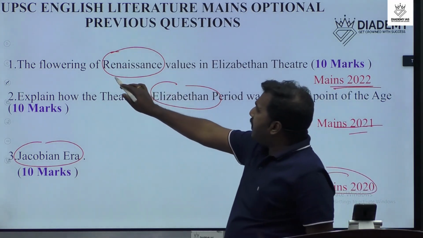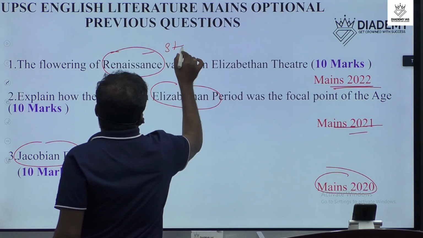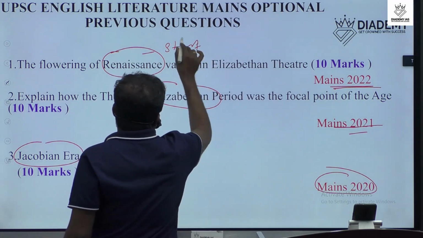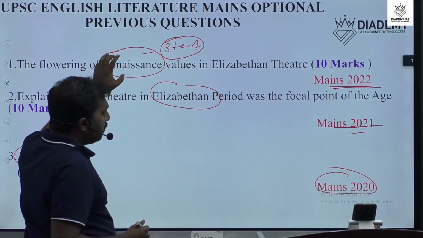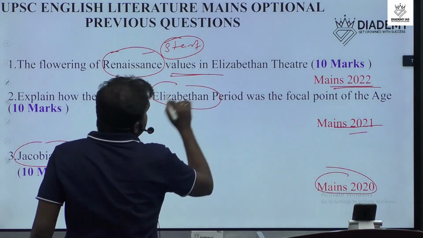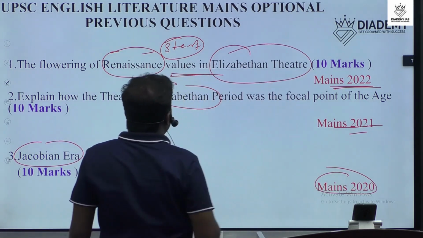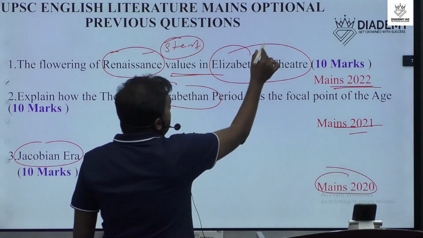Here, the flowering of Renaissance means the beginning of Renaissance is the perspective of this question, and how Renaissance values influenced Elizabethan theatre. Here theatre means dramas.